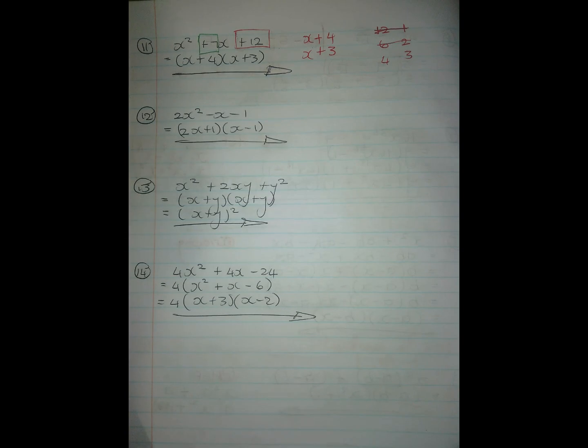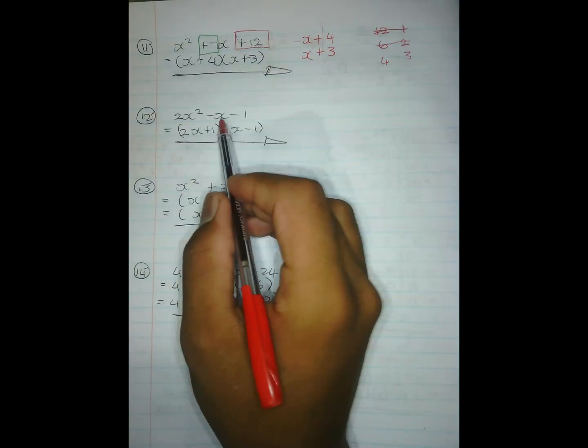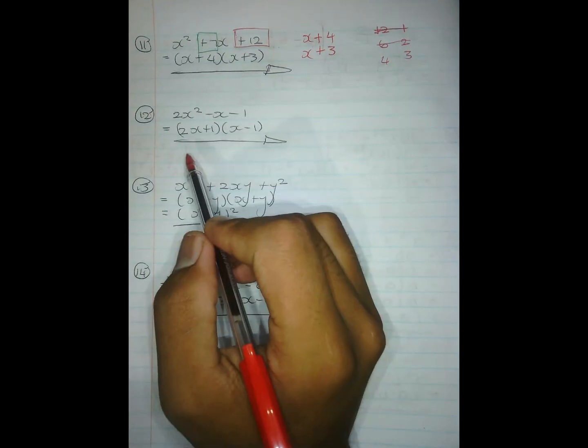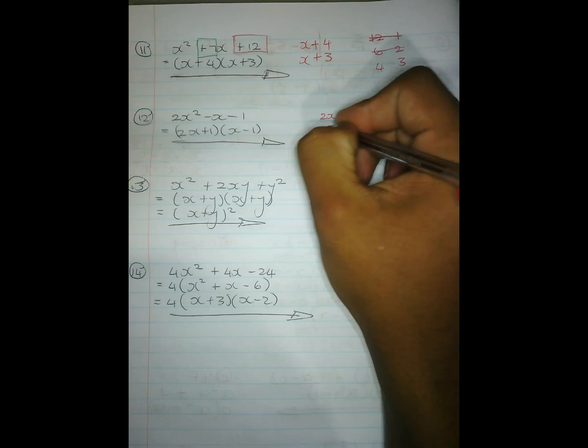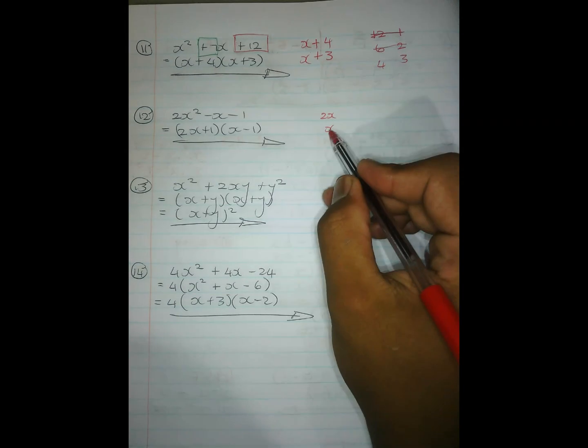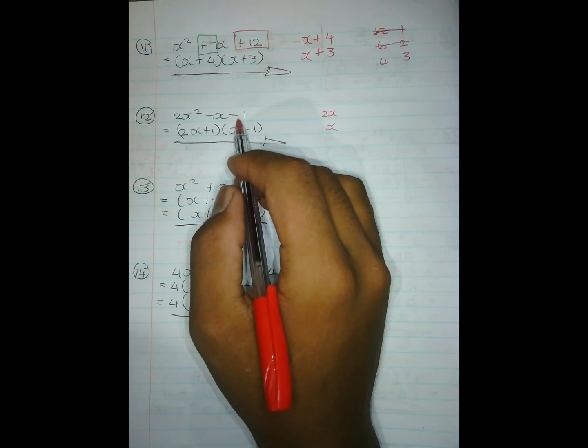Then, number 12. Number 12 is 2x squared minus x minus 1. I write down the 2x because there's a 2x and the x. 2x times x gives me 2x squared. The back number is a negative 1.